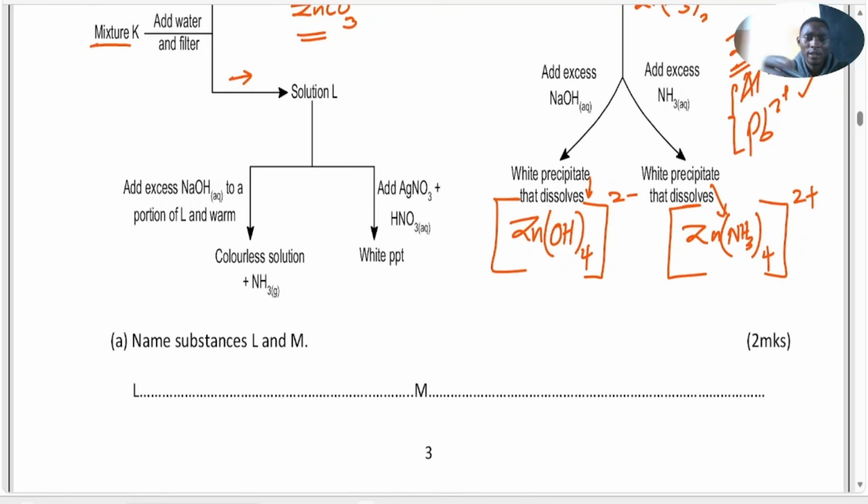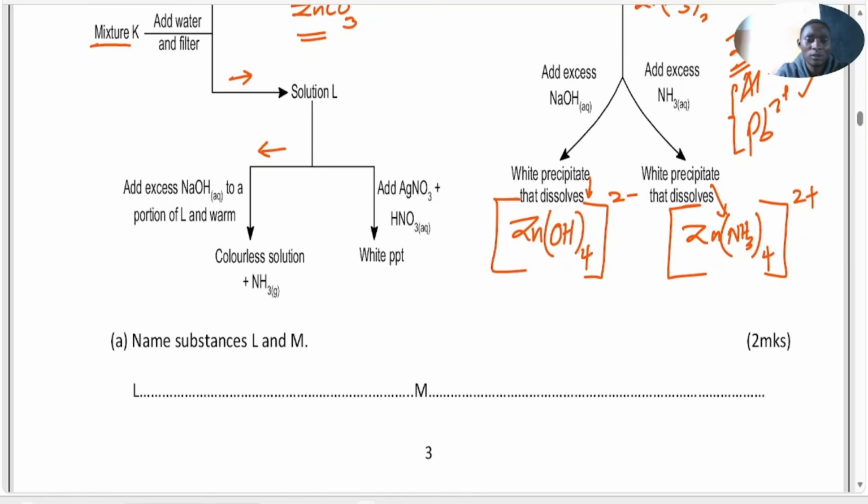Let's move to the other route so that we make a conclusion. When I add silver nitrate followed by nitric acid, a white precipitate is formed, and we summarize this based on the solubility of chlorides.